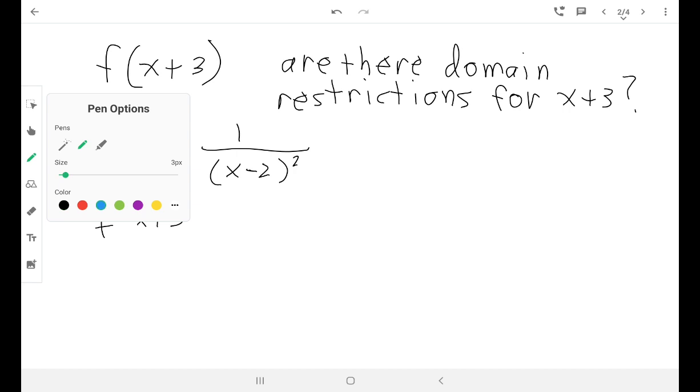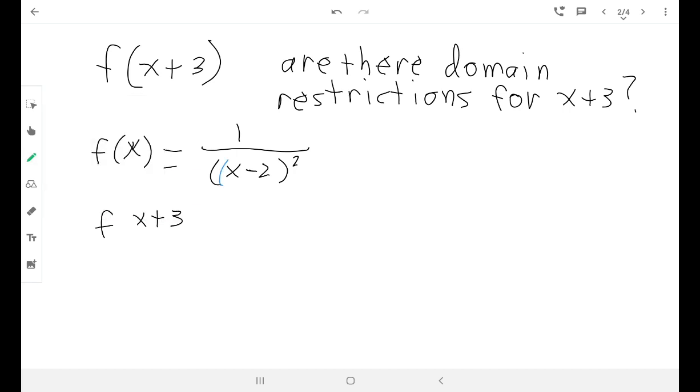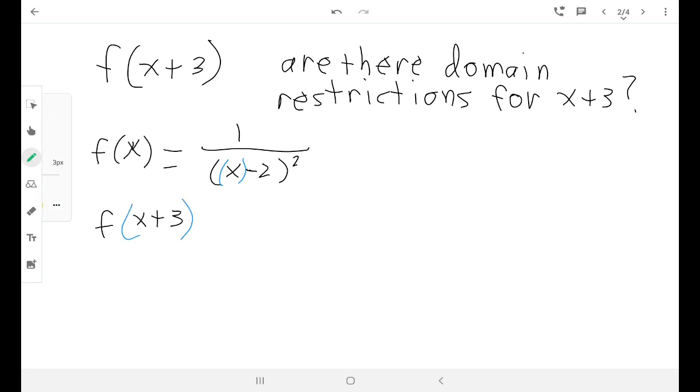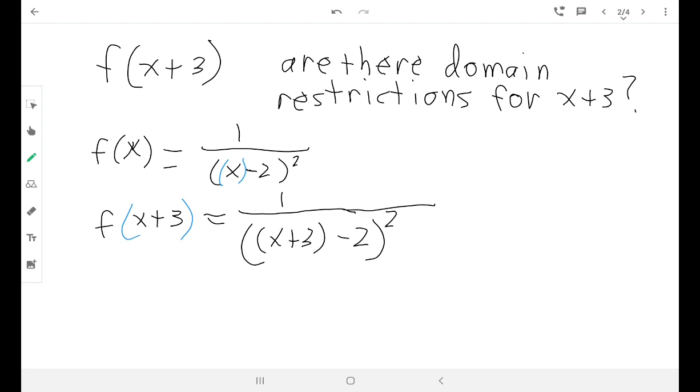I'll do them in blue so you can really see. So these parentheses get replaced by those parentheses. Okay? And it looks like this. So parentheses, and then the blue parentheses, and I'll put in X plus 3 minus 2, close parentheses, those parentheses, and then squared.